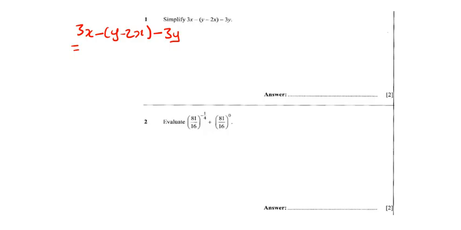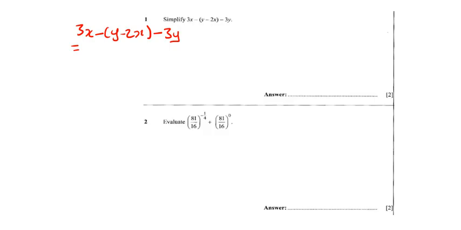Now this negative here is more like -1, but since it's just a 1, you can't even show it, because the brackets are near it. Now you just say negative times all of this which is in the brackets.